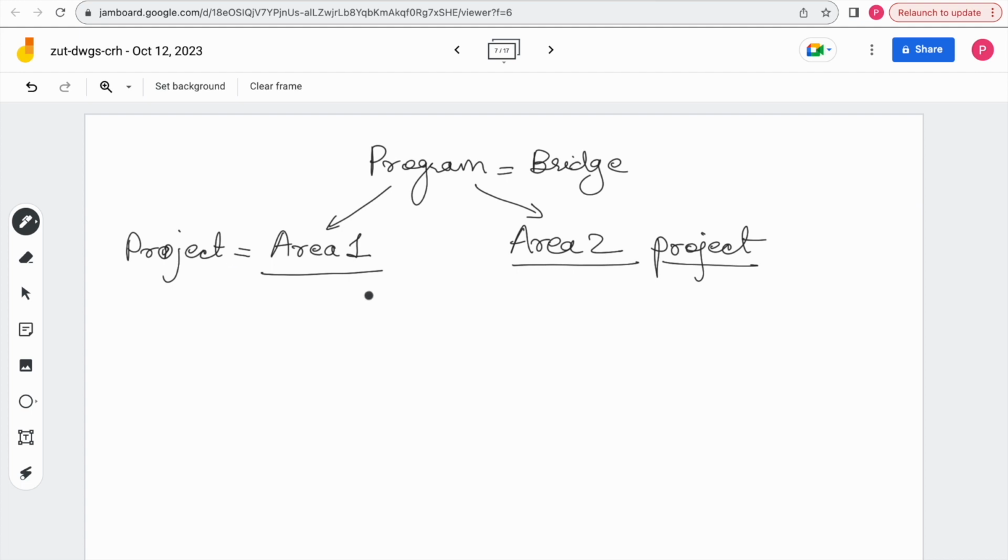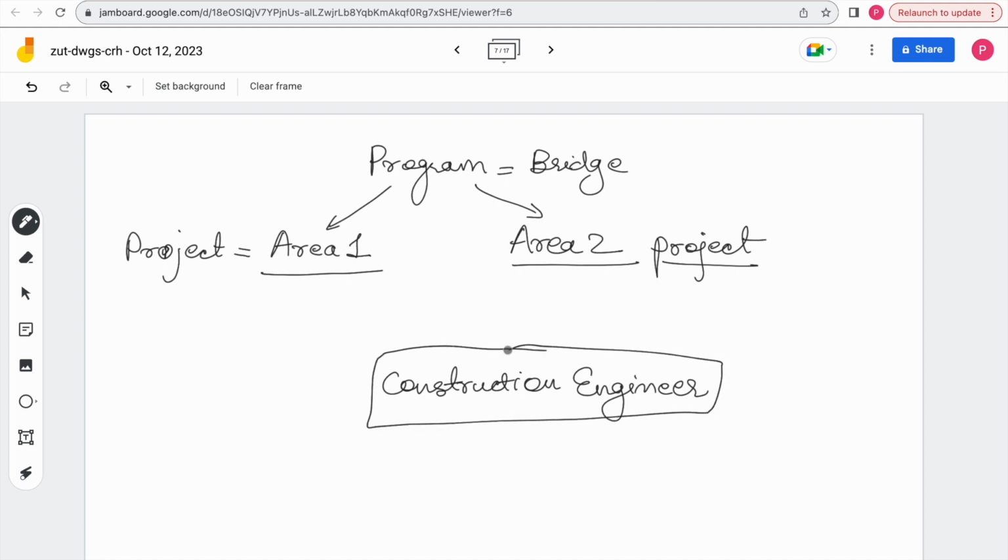Now let's say there is only one construction engineer. Due to budget constraint, I have only one construction engineer for both projects. Now the program manager has to utilize this construction engineer in such a way that both projects run smoothly.